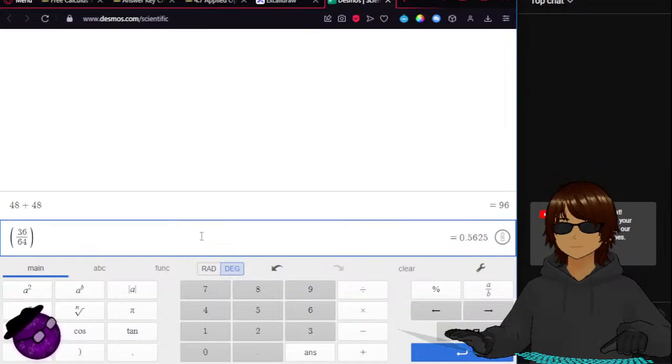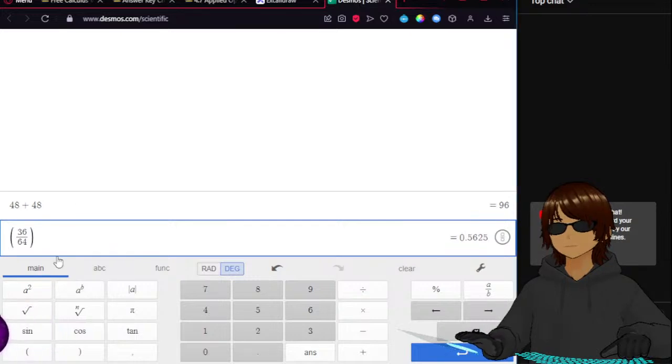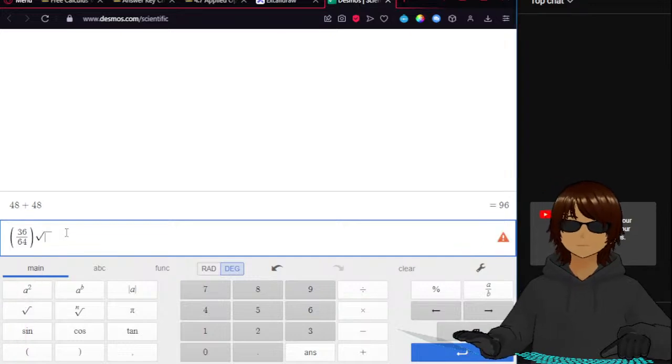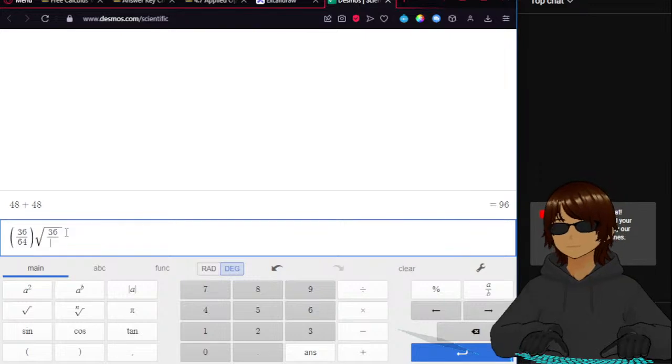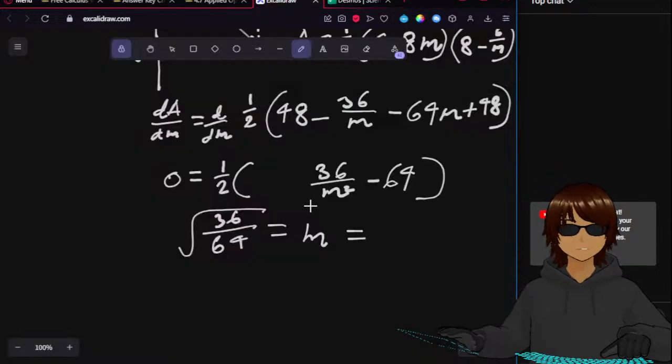Wait, there was a shortcut to click through this, or maybe not. 0.75, 0.75.